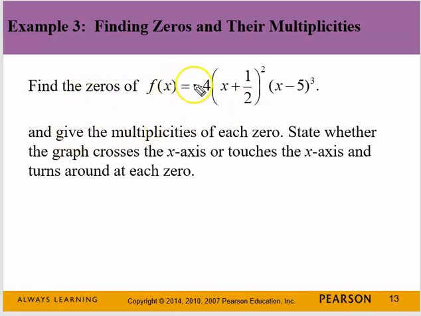So here is a factor, and here is a factor. And again, if we want to find the zeros, we're going to use that zero factor principle that all of this has to equal 0, or this factor has to equal 0. And we'll see it worked out on the next slide.